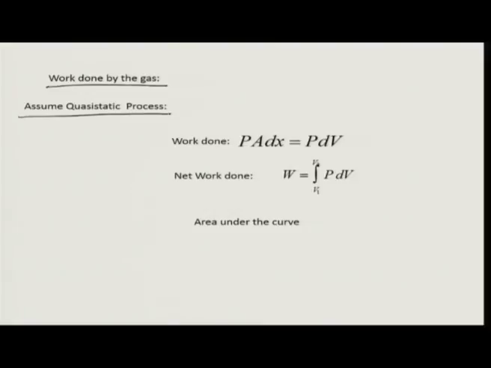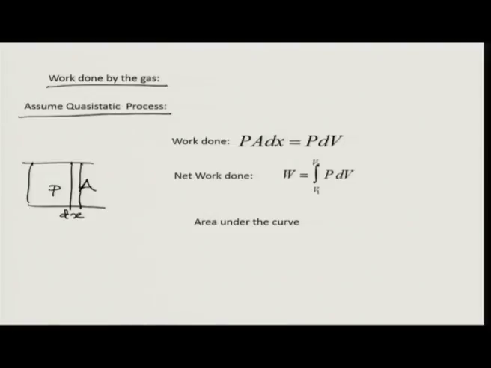So, what is the work done? Let us assume that there is a container, there is some pressure P, and there is a small shift dx. This is the area of the cross section, and there is a pressure P. Now, what is the work done? Work done, I know, is force times displacement.